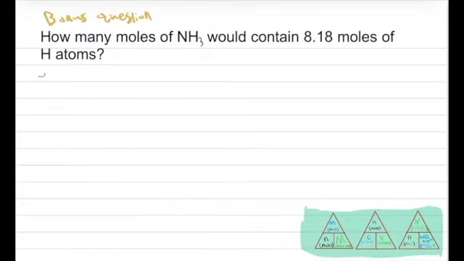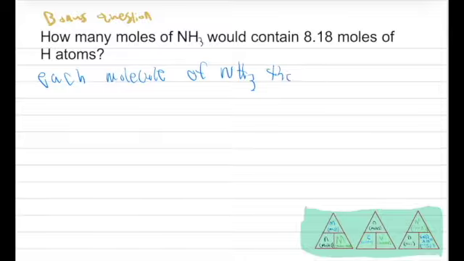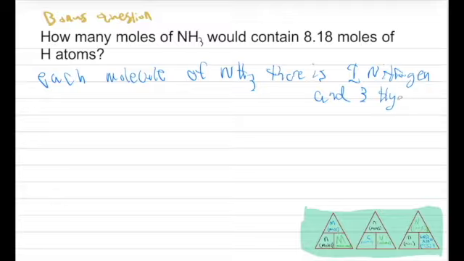So in each molecule of NH3, there is one nitrogen and 3 hydrogen, right?